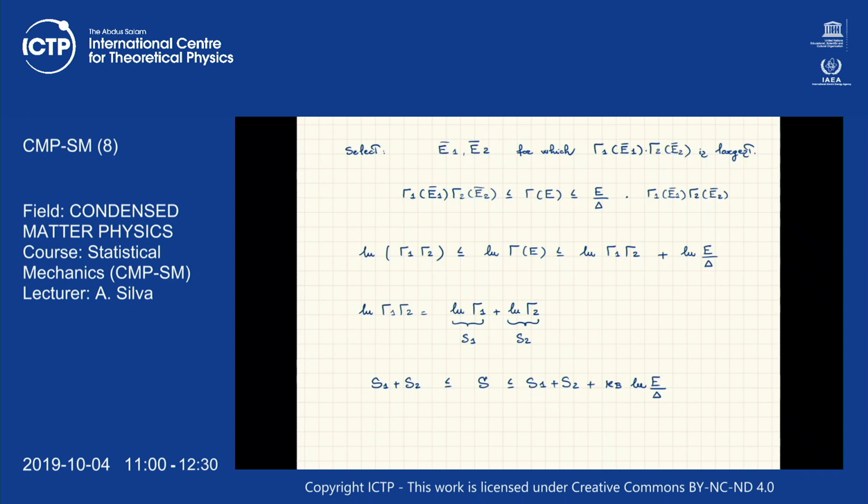Which means that in the thermodynamic limit, when the volumes are very large, I can neglect this term, and I obtain that S is equal to S1 plus S2. And therefore it's an extensive quantity. Okay?